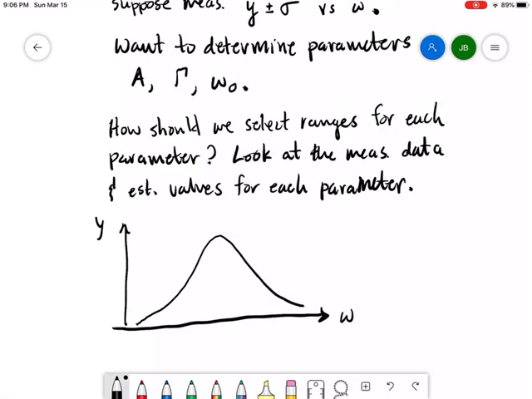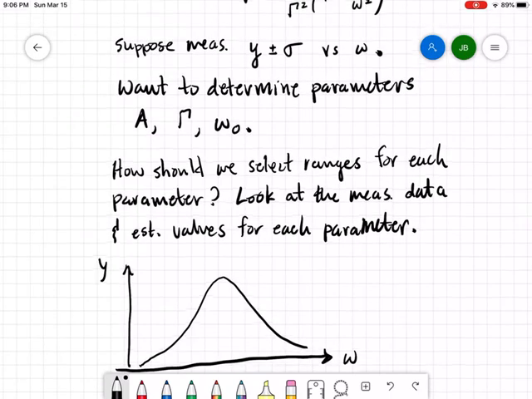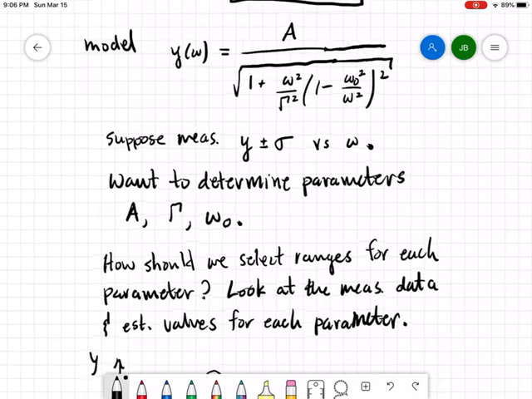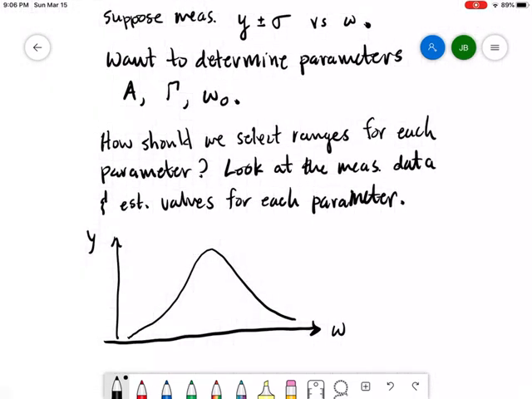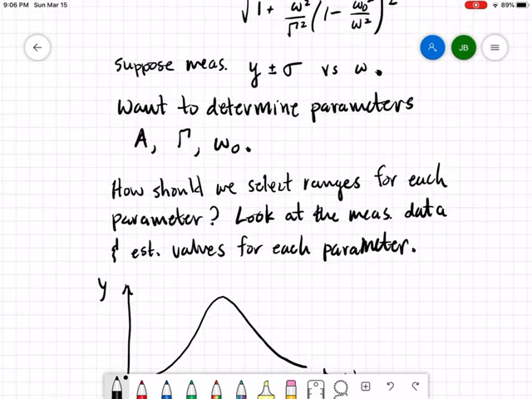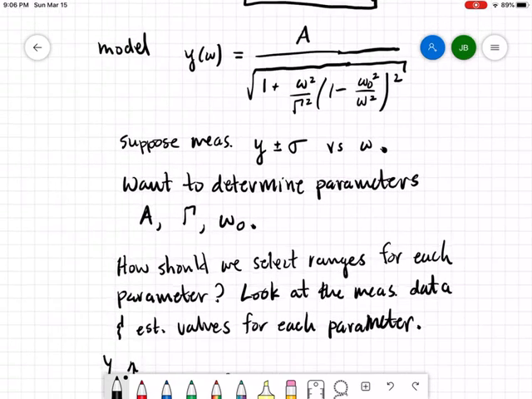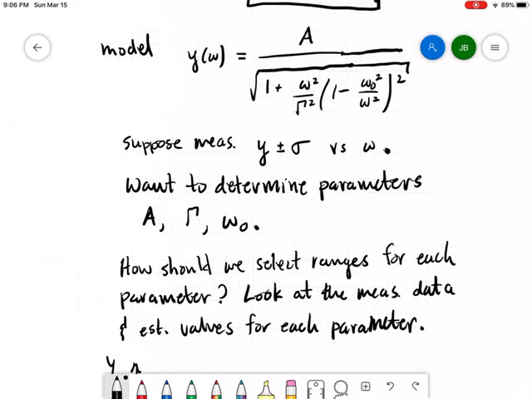We want to begin to try to understand what each of the parameters in our model represents. When we look at the data, we see it's a peaked function. So there's a resonance.